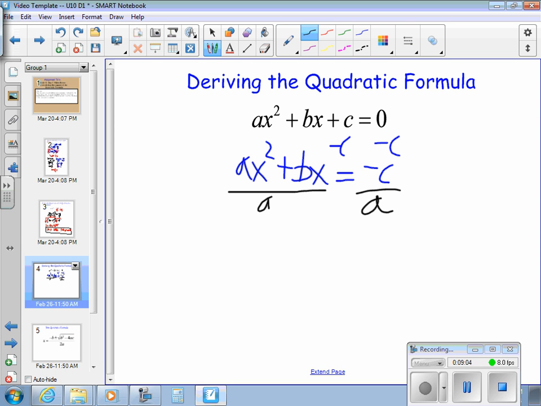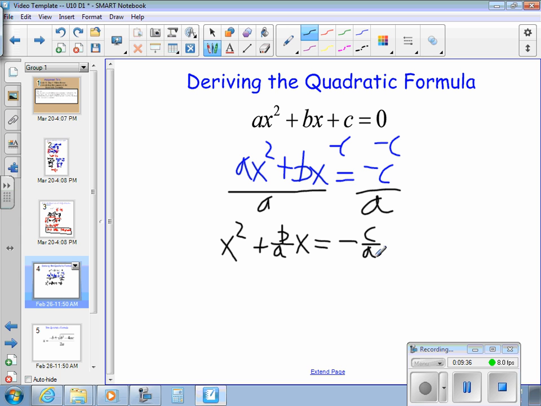So when I do that, I am now going to get x squared plus b over a times x equals negative c over a. Sorry, that was supposed to be a c. Let me fix that.